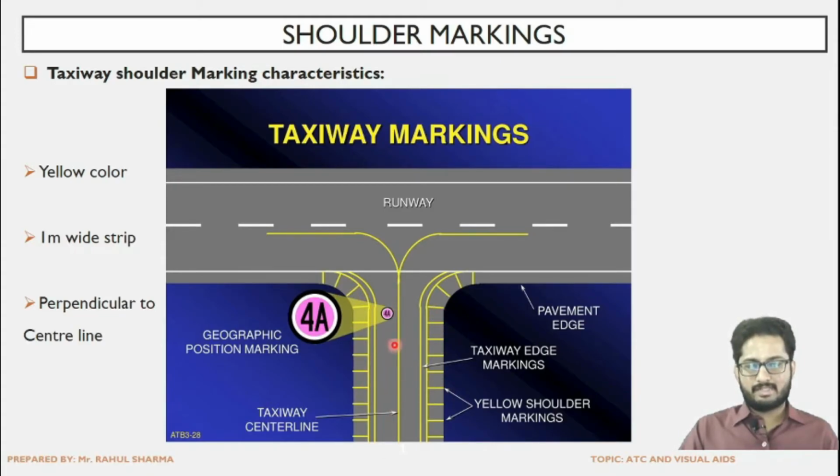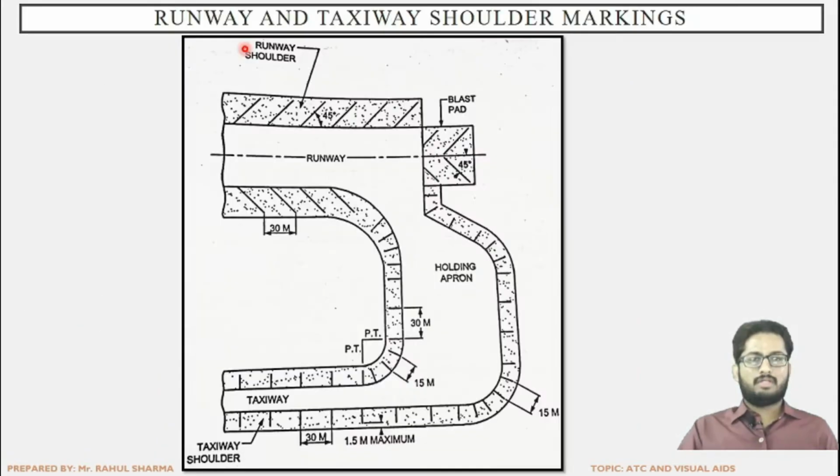So this is the taxiway center line, continuous yellow line, pavement edge for the runway, taxiway edge marking, that indicates the area where ideally the movement of aircraft should take place, and the yellow shoulder markings which are perpendicular to the center line.